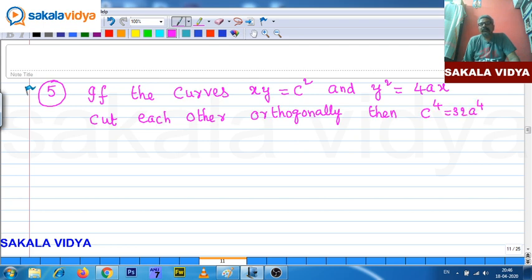So, generally in these kinds of problems, this is a hyperbola, this is a parabola. If they cut each other orthogonally, this condition we need to remember. This is a very, very important condition.